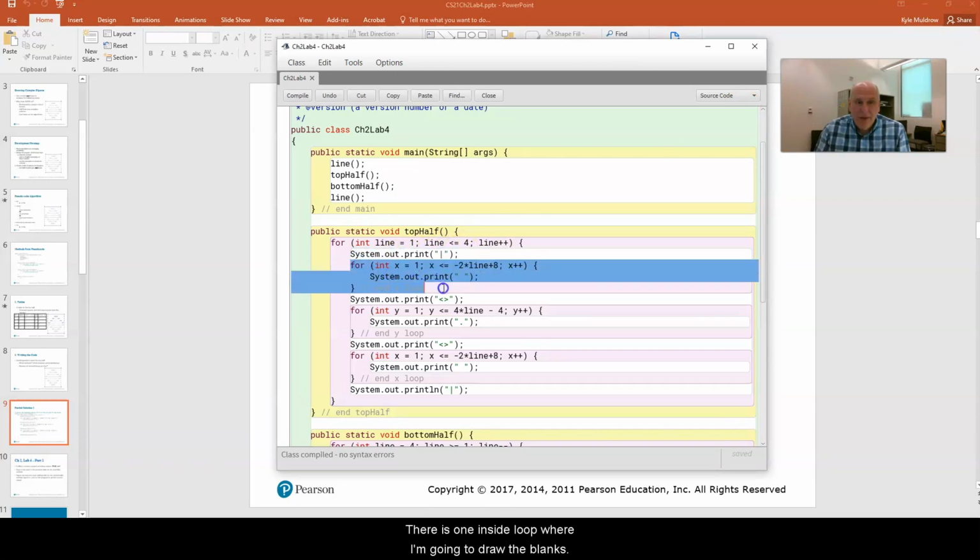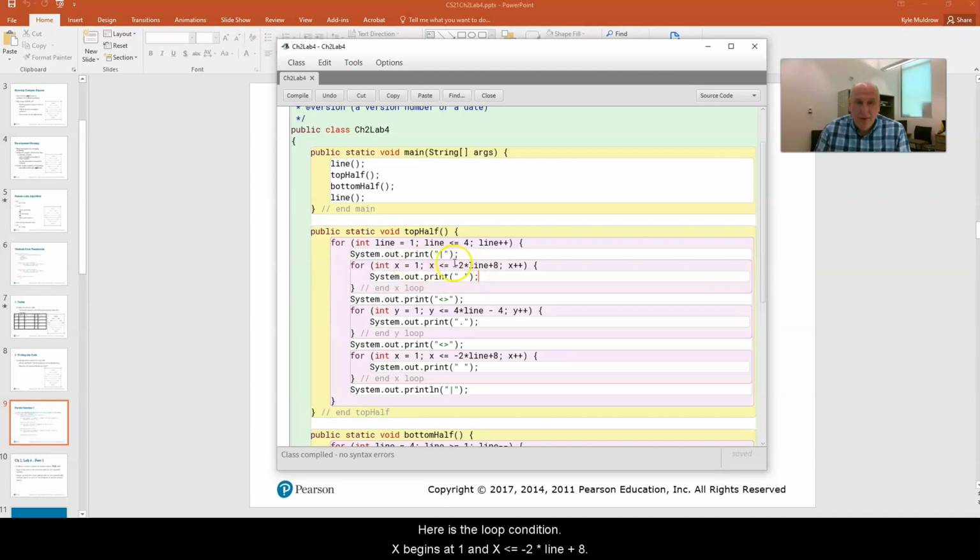Here is one inside loop where I'm going to draw the blanks. Notice here is the loop condition. X begins at 1, and X is less than or equal to -2 times line plus 8. When that loop is finished, I then draw a diamond symbol. And then I move on to the next loop to draw the dots.